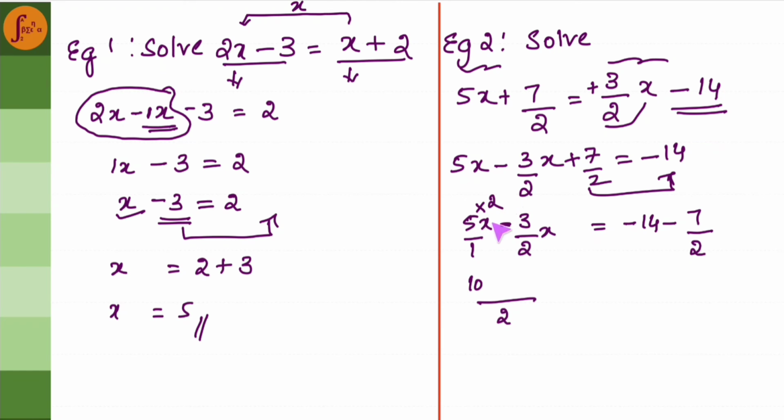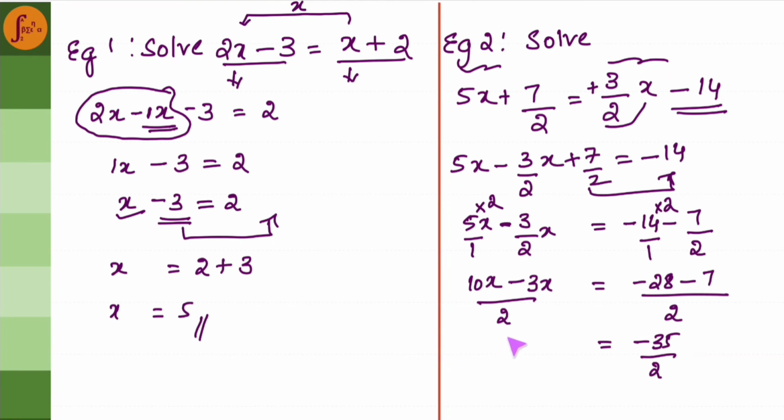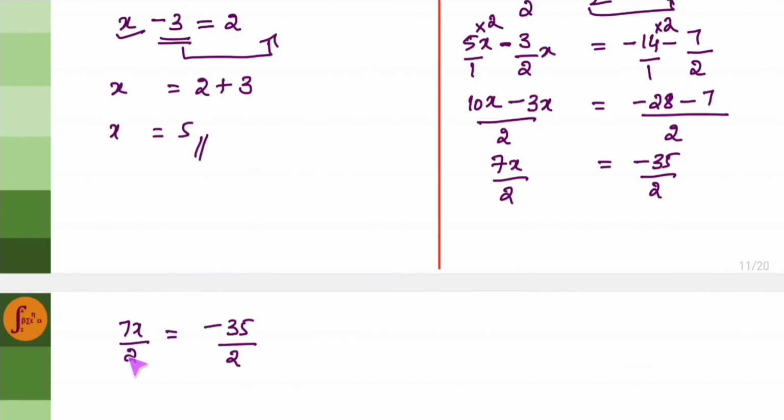So it's going to be 2 times 5 into 2, 10x minus 3x is equal to, again we can take an LCM here, right? So it's going to be 2 times minus 14 into 2, minus 28 minus 7. So this is going to be minus 35 by 2, and 7x by 2. So we got 7x by 2 is equal to minus 35 by 2.